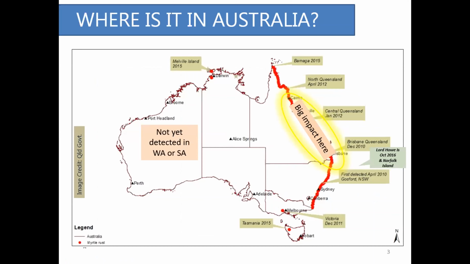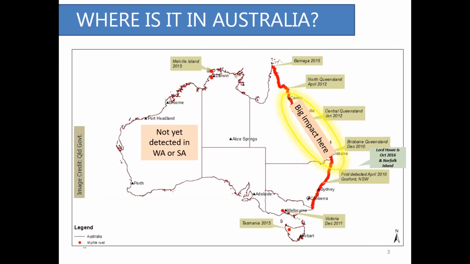It was first found around Gosford in New South Wales on the central coast, on a nursery production that was very close to the bush. At first, the owner of the nursery contacted New South Wales DPI, thinking they had a problem with scale insects. And when New South Wales DPI went on site, they found out that the symptoms were nothing to do with an insect.